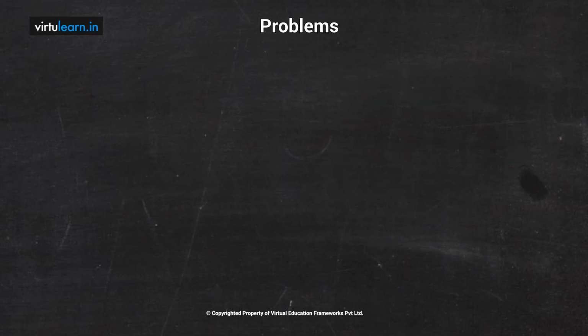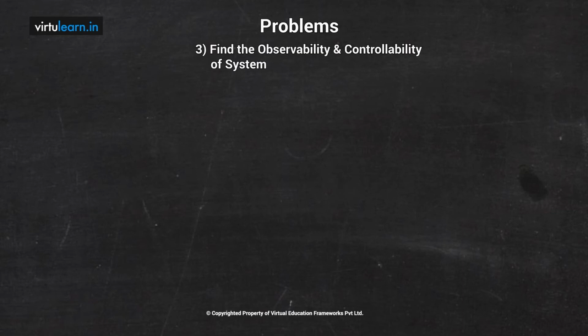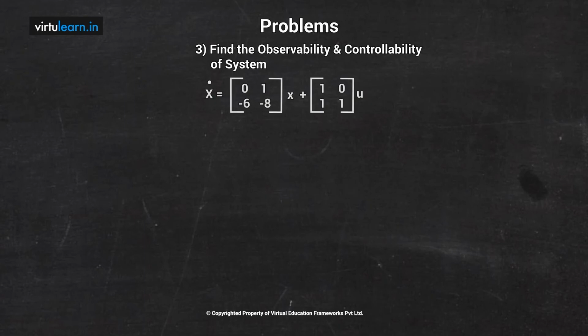Now let us look at another problem where we have x dot is equal to [0 1; -6 -8] x plus B matrix [1 0; 1 1] into U, and y is nothing but [0 1; 1 0] into x, and find the observability and controllability of the system.